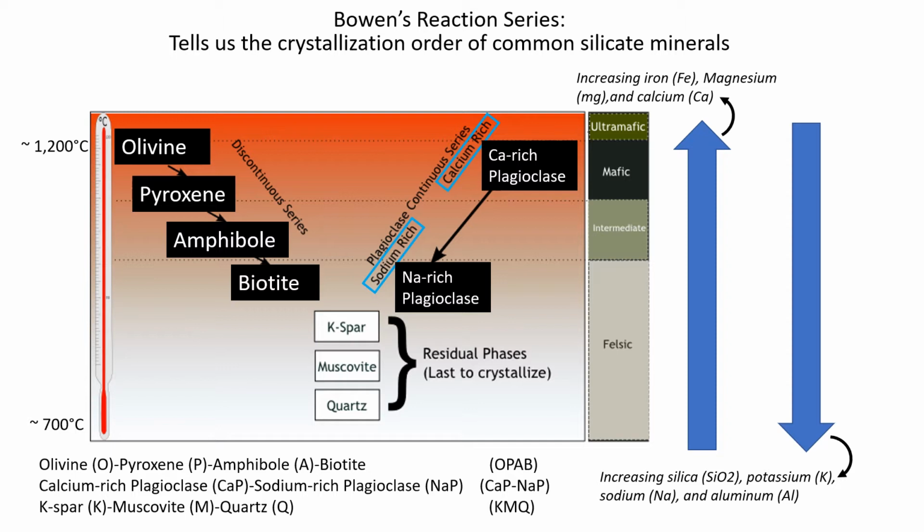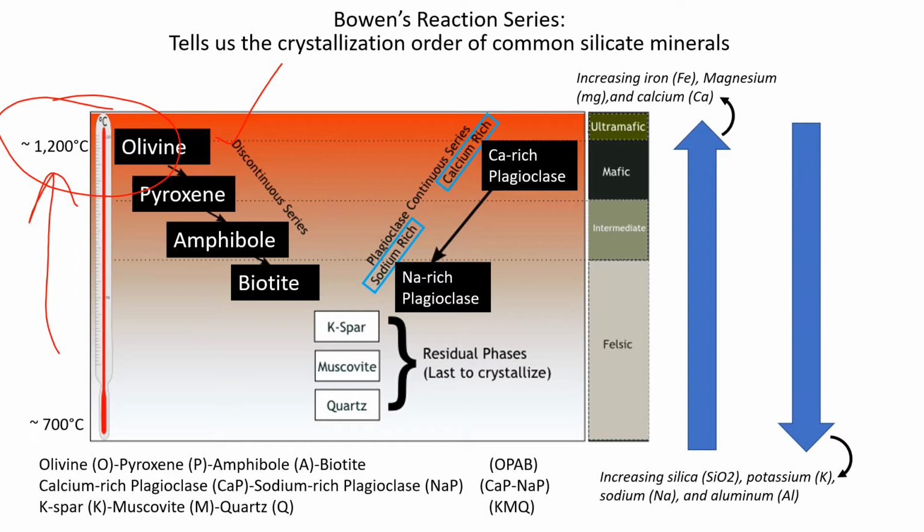You can see on this diagram that up at the highest temperature, starting roughly at 1200 degrees, as Bowen's experimental magma in the laboratory cooled, Bowen noticed that the very first mineral to crystallize out of that cooling liquid was olivine.